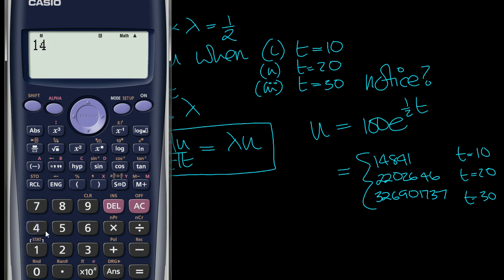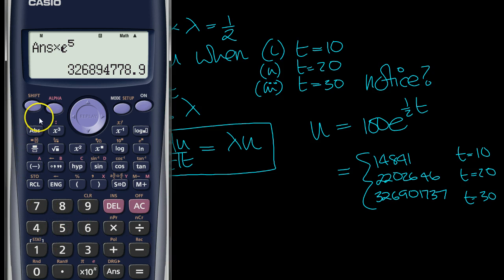Let's just try it. 14841 times by e to the power 5. You get that. And if you times that answer by e to the 5, you should get that. So it's very simple to see, from the properties of indices, that you times them by e to the 5.